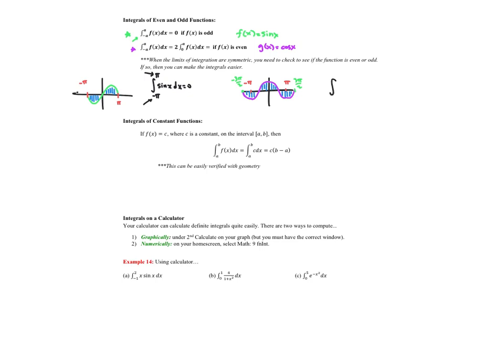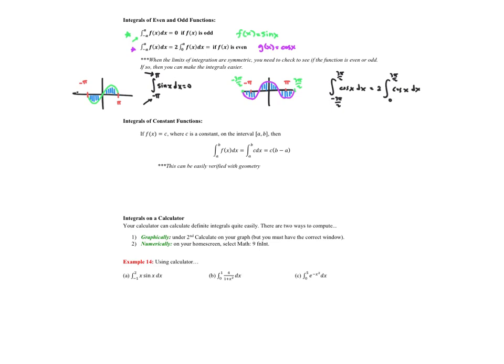And therefore, the integral from negative 3 pi over 2 to 3 pi over 2 of cosine of x is going to be equal to 2 times the integral from 0 to 3 pi over 2 of cosine of x. Now, I don't know what that is. I don't really care. I just wanted to show that property.